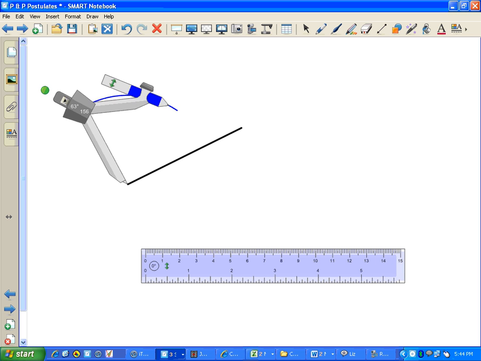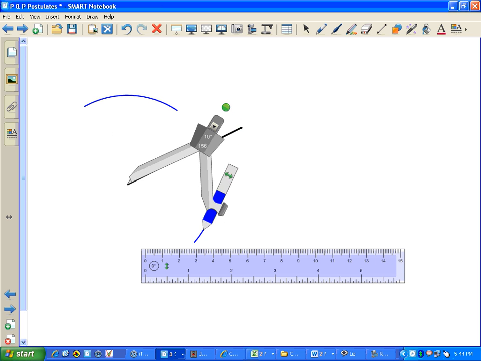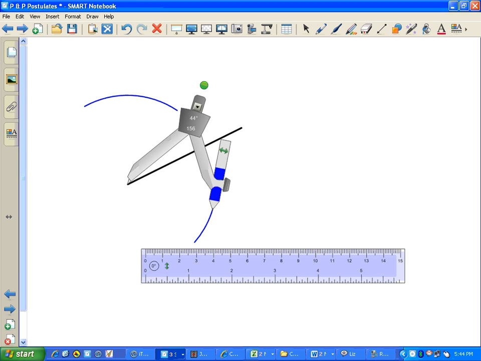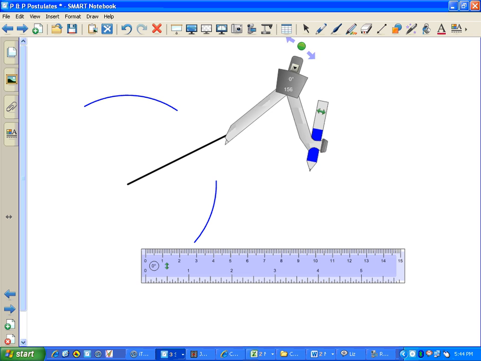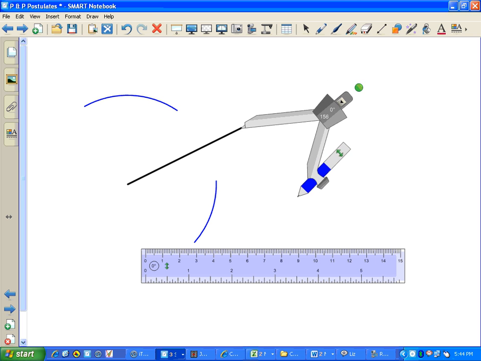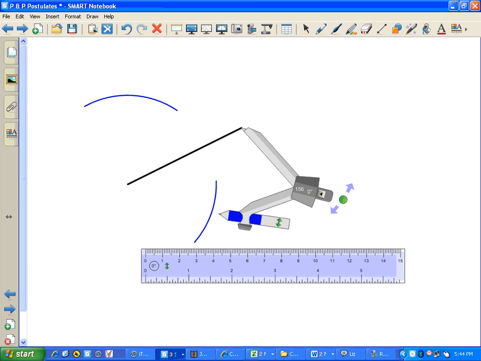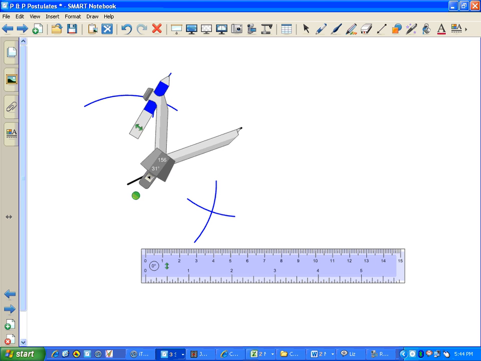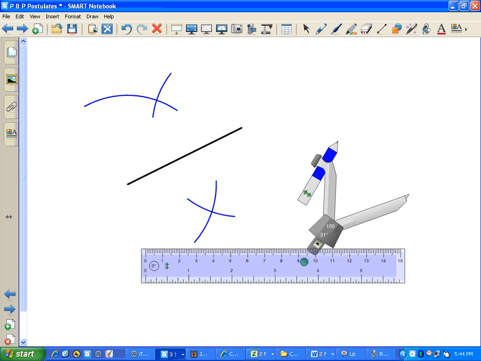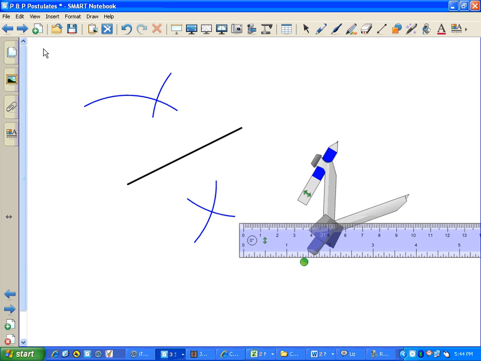I marked above and below the same distance. And then I came over to the other end point and I did the same thing. I marked below and above. And then I connected those with my ruler.